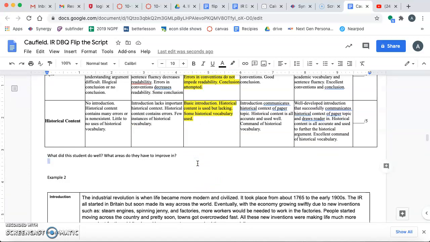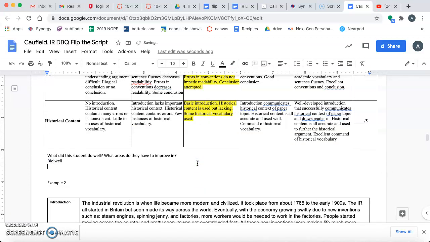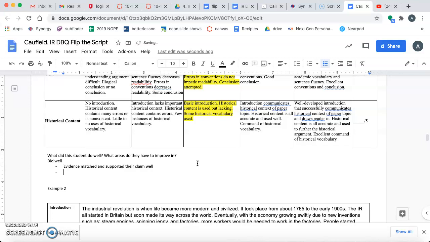So if I'm thinking of what they did well, this person's evidence matched and supported their claim well. Claim had 2 solid reasons that were supportable with the documents.